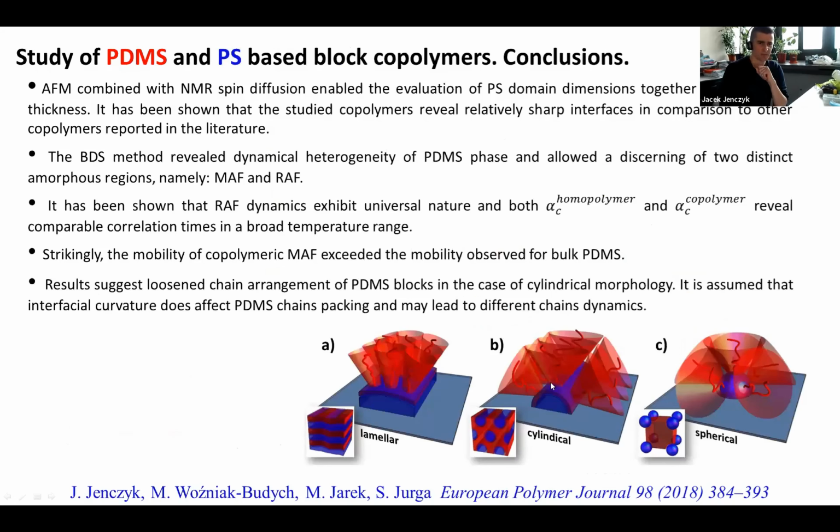And that really means that the structure of the domains really matters, and that represents the fact that our mobile chains have a different conformation within the copolymer than in the bulk phase, because we can imagine that the curvature of the domain does matter, and in order to maintain the density within the domain, you expect a stretched conformation at the vicinity of the interface, while the terminal side of the chain might have completely different conformations, and that may really introduce slightly different dynamics, and may lead to the faster segmental dynamics within the soft component.